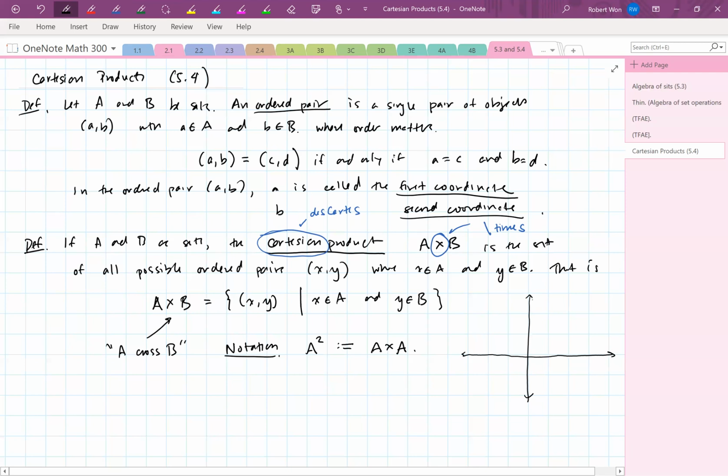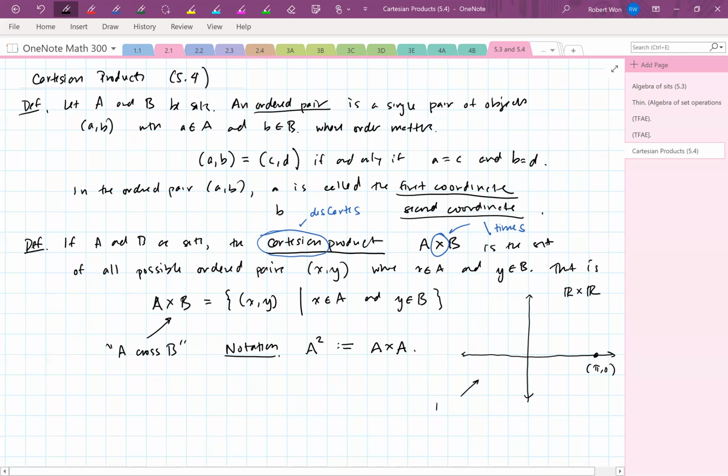The point is that this plane shows all possible ordered pairs of real numbers, right? You can think of this as R cross R, or if you take a pair of real numbers like pi comma 0, that lives here, right? This is one way to visualize all possible pairs of real numbers. So it really is the Cartesian product of the two sets R and R.